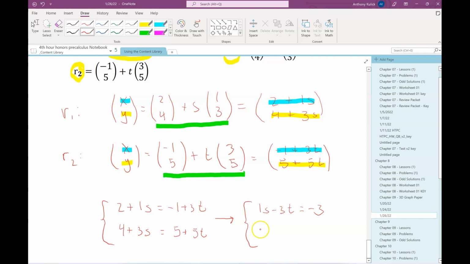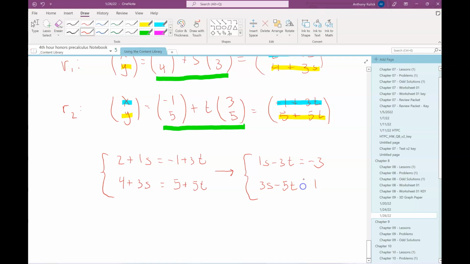And then similarly, in the second equation, I'm going to subtract 5t from both sides and subtract 4 from both sides. Everybody's okay with that?